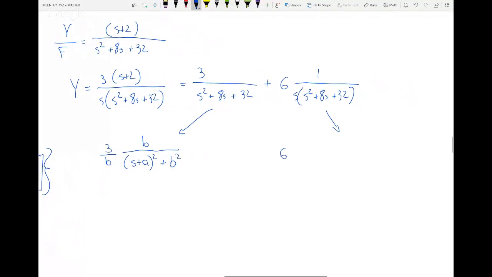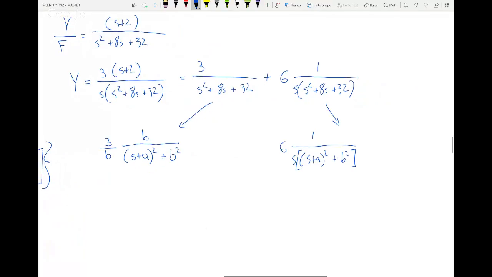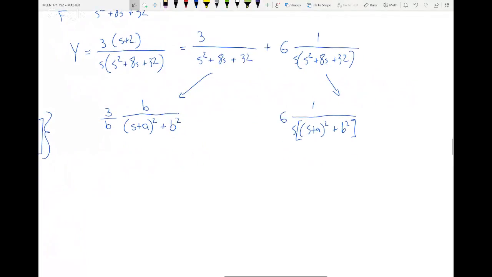That's going to be 6 times 1 over s times (s plus a) squared plus b squared. And so we can convert this back into the time domain: 3/4 e to the negative 4t sine 4t.